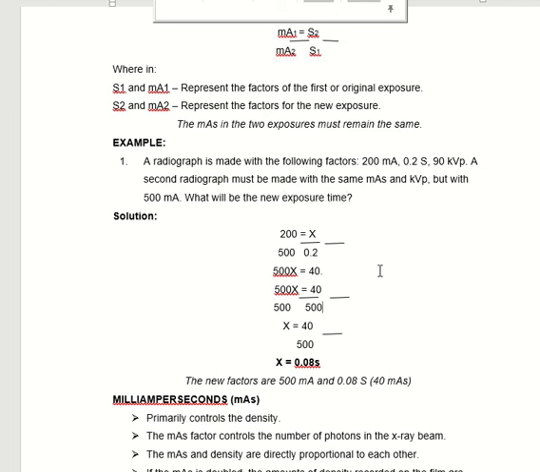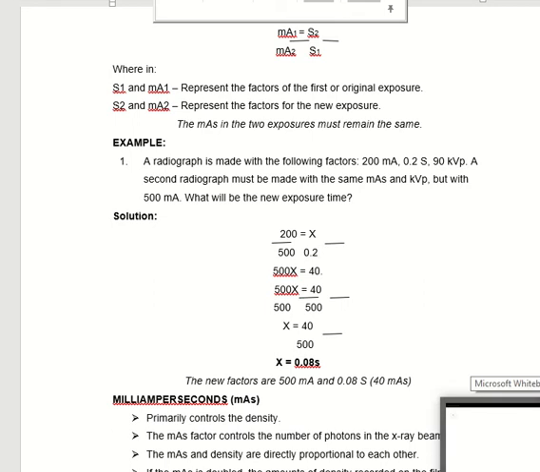We have here 200 for mA1, then 500 for mA2, and a missing new exposure time, S2, and S1 is 0.2. Okay?